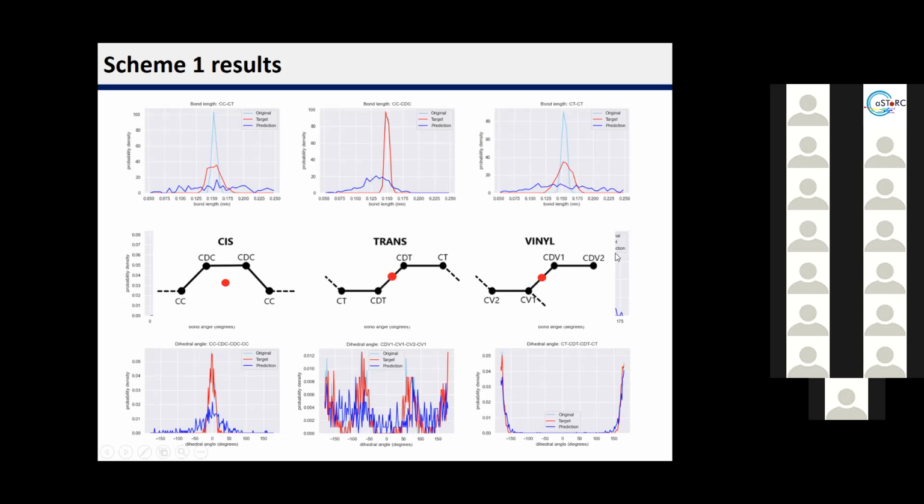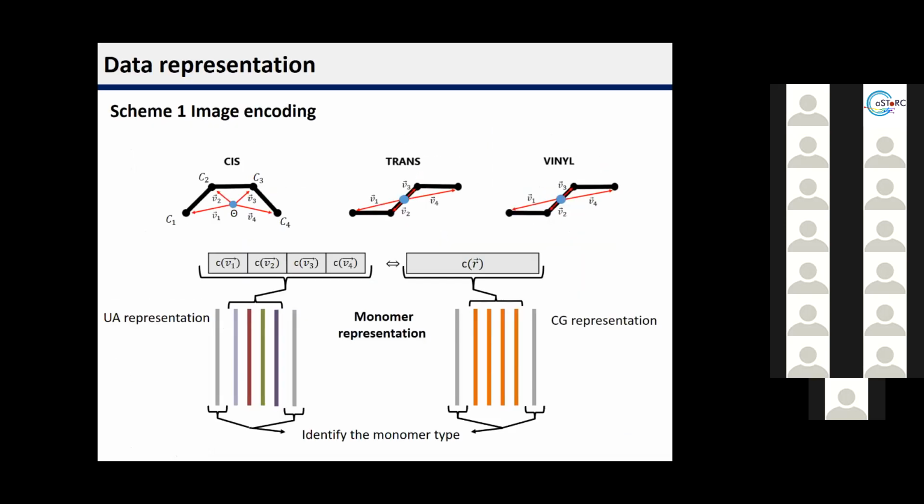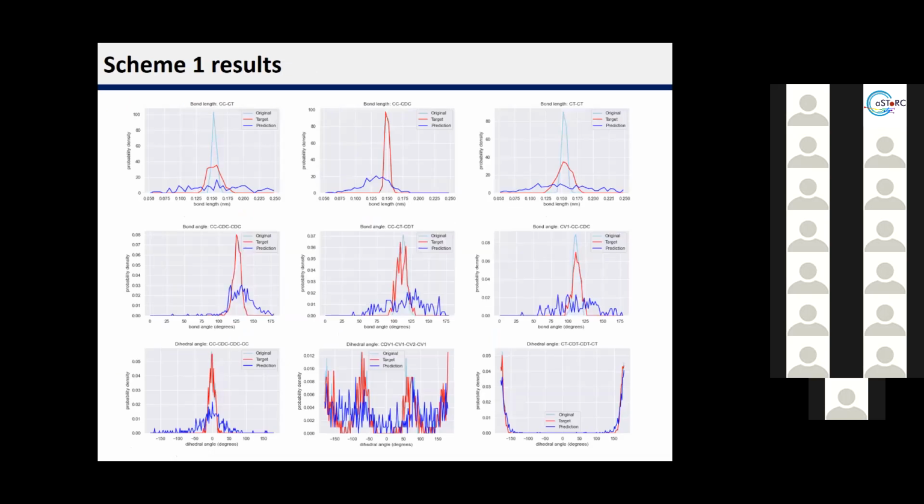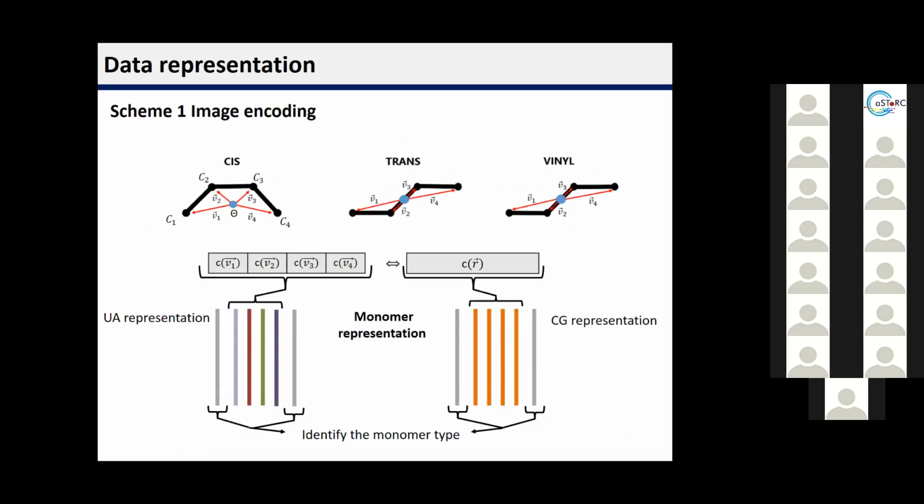Lefteris, just one. Can you explain one more time the differences between the original, the target and the prediction in your figures? Which one is the coarse-grained? Which one is the atomistic? No, it's all in the united atom representation. When you utilize a data representation scheme, you don't expect to get the same coordinates as the original frame.